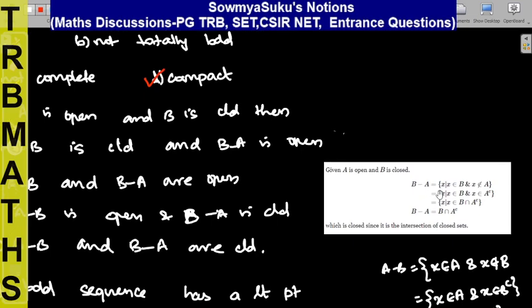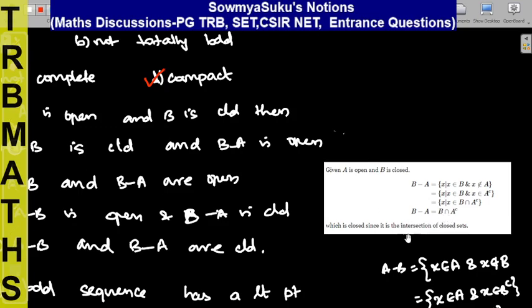So B difference A is equal to the set of all X such that X belongs to B and X does not belong to A. That is, X belongs to B and X belongs to A complement. So you can write B difference A is equal to B intersection A complement, right? A is open, so its complement is closed. B is already closed. So intersection of closed sets is closed. So B difference A is closed.